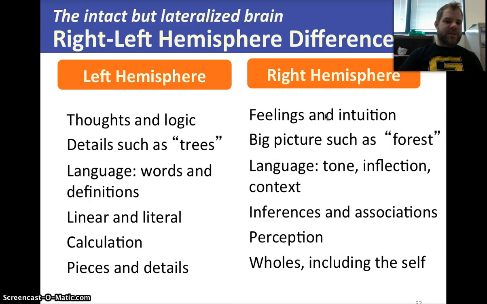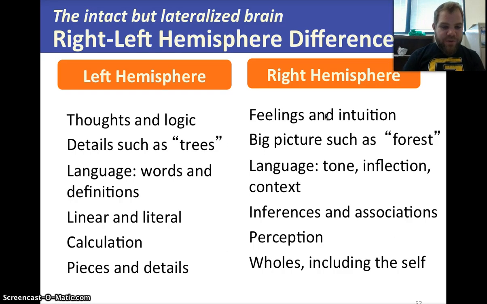So the main difference is the left side has to do with thoughts and logic, details, very specific details, such as trees, rather than the right side, which thinks of the big picture like the forest. Language, words, and definitions, that's why your language center is located over on your left side.